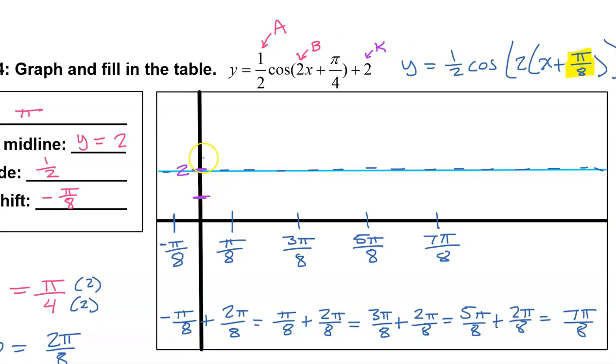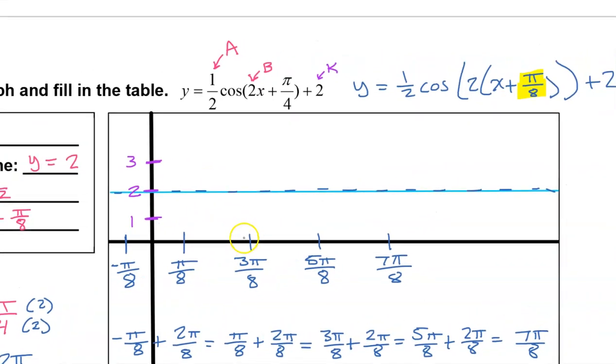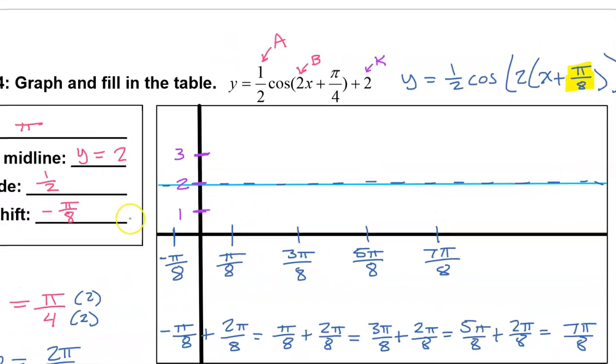So let's go ahead and put one more mark above this. So, okay, here's my mark right here. So this would be 3. All right, so I've got 1, 2, and 3. But the amplitude is 1/2 of a unit.